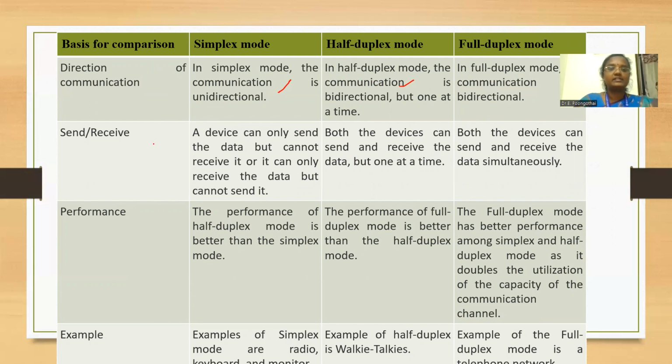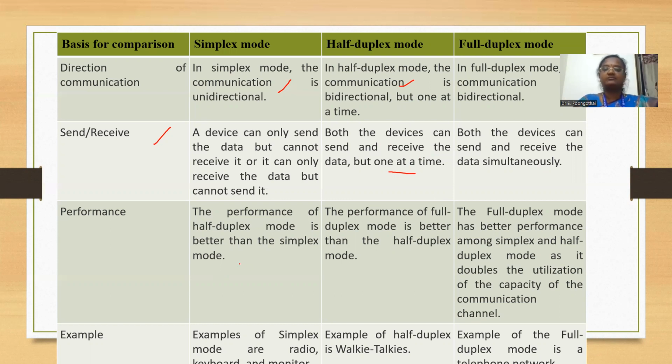And the next one is send or receive. In simplex mode, the device can only send the data, but it will not receive. In half-duplex, it will send and receive, but only one at a time. One at a time, you can send the message or receive the message. At the same time, you cannot send and receive the message. In full-duplex, at the same time, you can send as well as receive simultaneously.